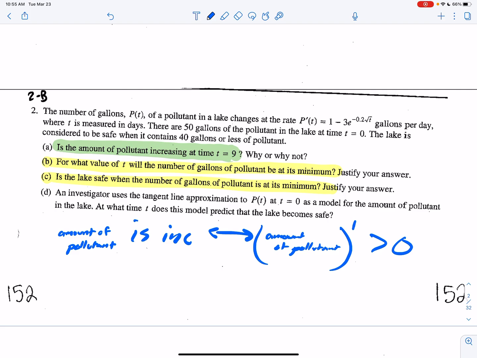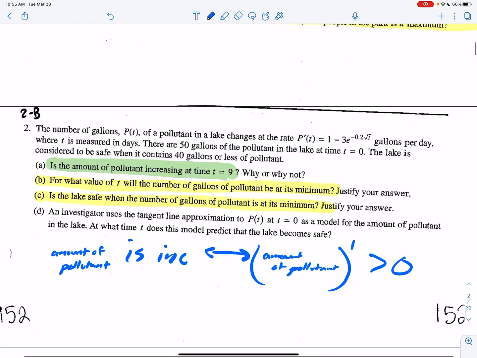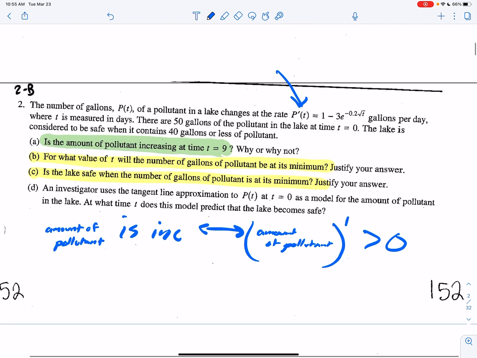Okay? So, check it out. It's so convenient because we have the derivative right there. What you're really doing is checking P prime of 9. When you plug 9 in there, what do you get? Let me go ahead and type this out. At this point, it's probably saved in as your y1.